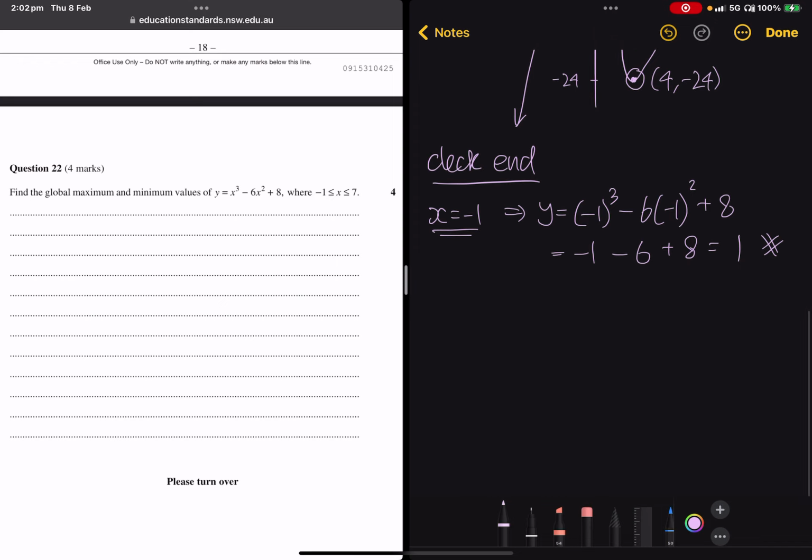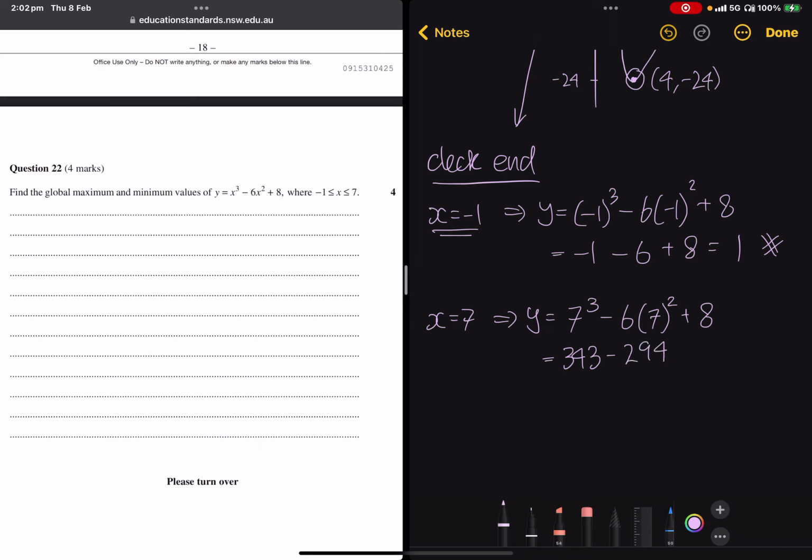We need to check the other endpoint, which is x is 7. This gives us y is 7 cubed minus 6 times 7 squared plus 8. This is 7 cubed is 343 minus 6 times 7 squared. That is 294.